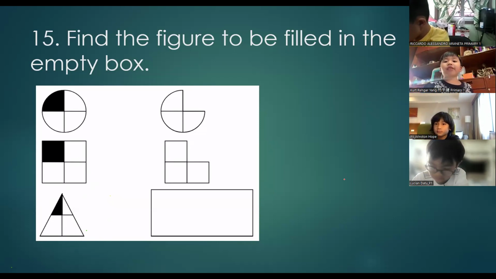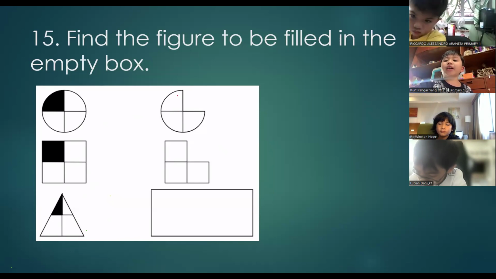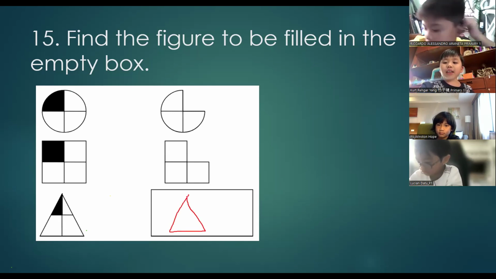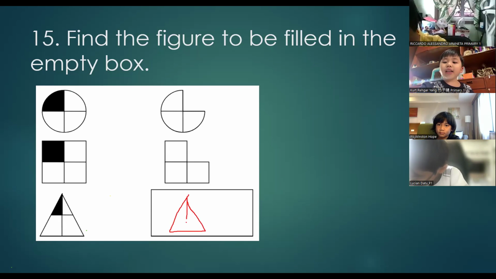The first one is a circle, and then one part is shaded, and then the other one is not shaded, and then there is a part that is gone. And then there's another one for the square, and it's the same. So the triangle will be like that, and then there will be a broken part right there.